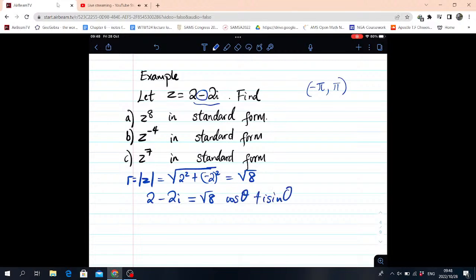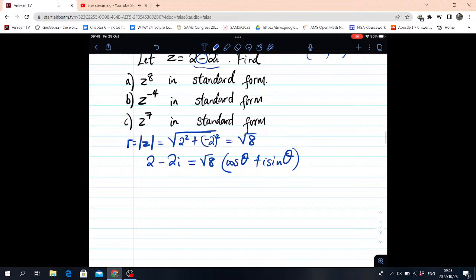Here we just want to find theta. If I take the real parts, I've got 2 equals the square root of 8 cos theta, and if I take the imaginary part, I get minus 2 equals the square root of 8 sine theta.